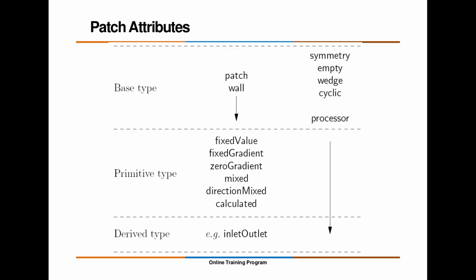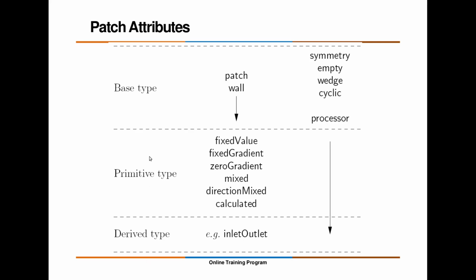If you look at the broader patch attributes, we divide them something like this: base type. In the base type we have patch and wall, that is unpaired, and otherwise as a paired type: symmetry, empty, wedge, cyclic, periodic. All this goes as a base type. When we specify the patch type, at that time we have a numerical condition. In the numerical we have primitive type and derived type.